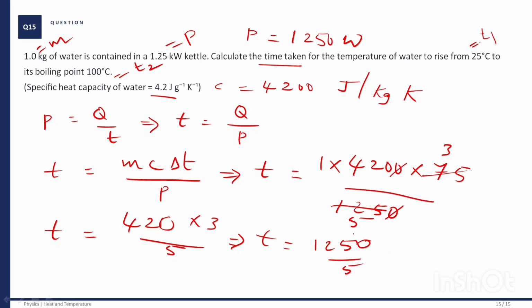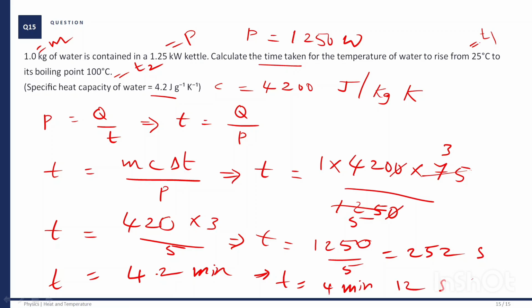It is equal to 252 seconds. If you want only in minutes, we will write it is 4.2 minute. If you want it in minutes as well as in seconds, we will write time T equal to 4 minute 12 seconds.